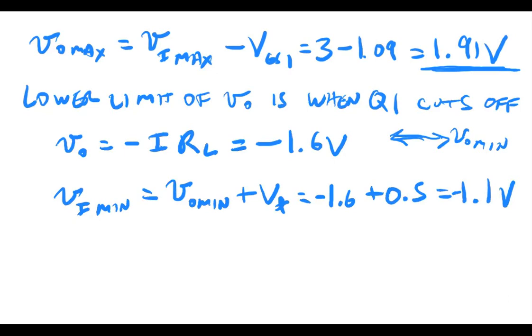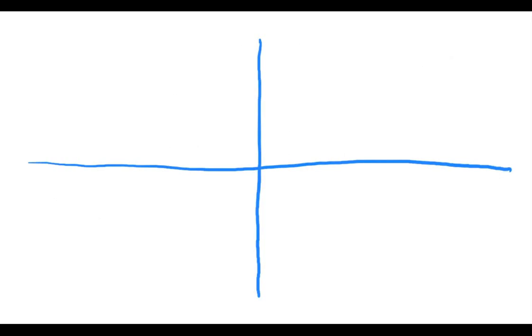So if we went back to our graph here, how is this amplifier going to really perform? We have that VI min, let's say, is somewhere over here. So that is minus 1.1.